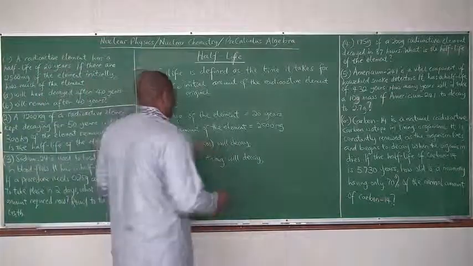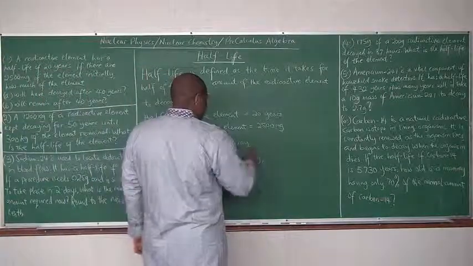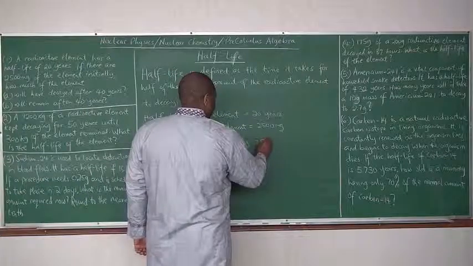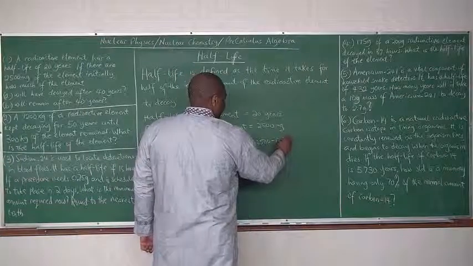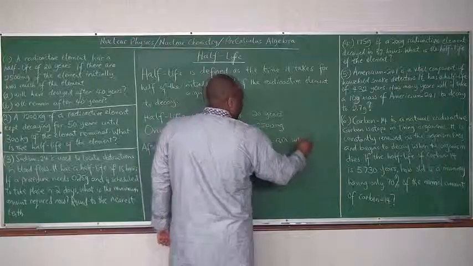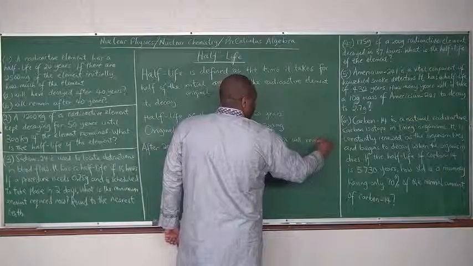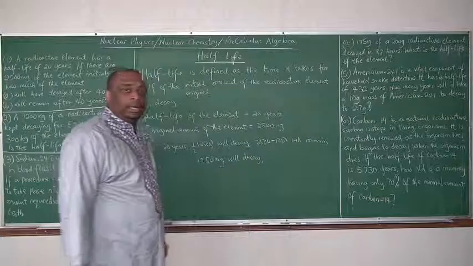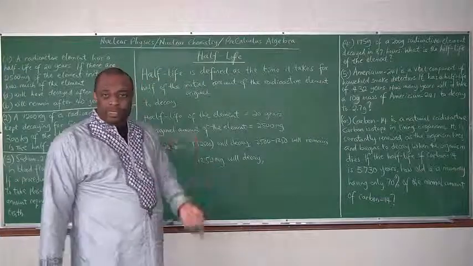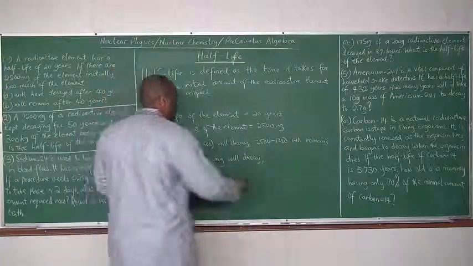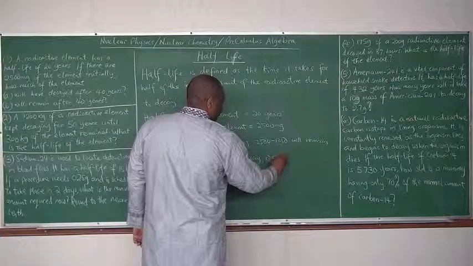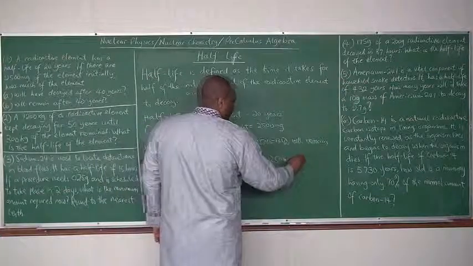Then how many will remain? How many is going to remain? 2500 minus 1250 will remain. So 1250 milligram will decay, and 1250 milligram will remain.